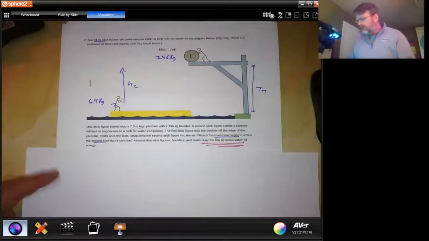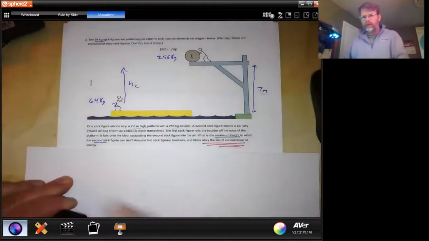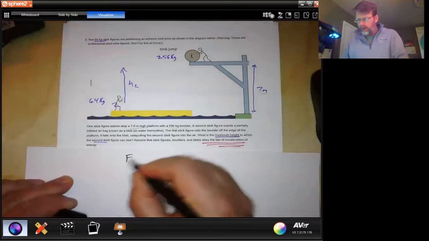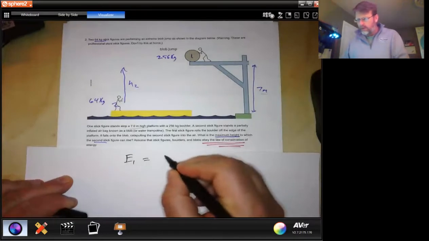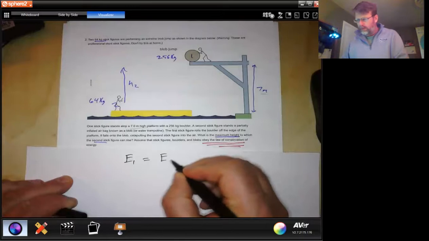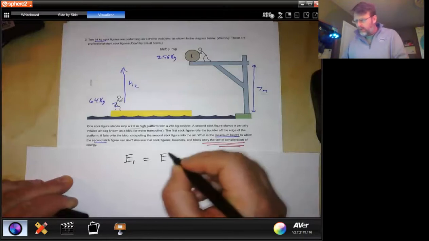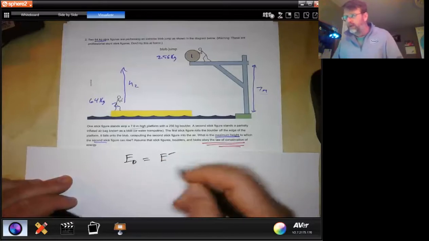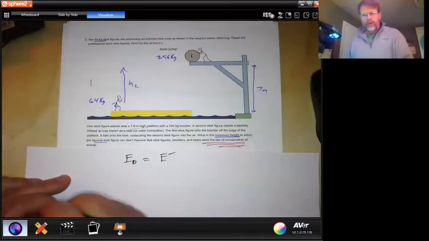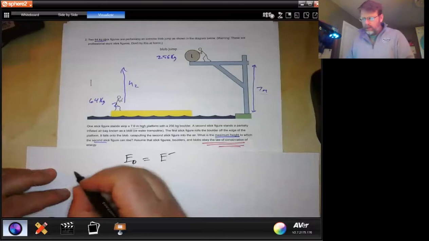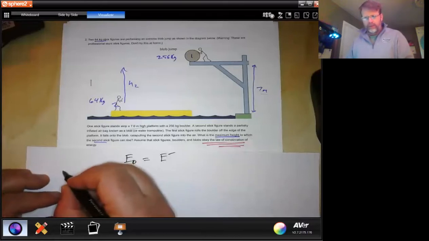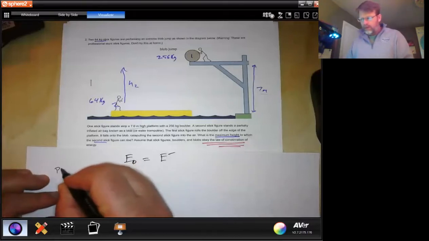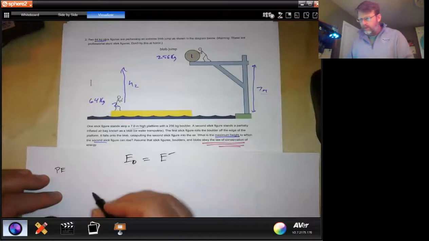Okay. So these are all going to start off the same. We're going to have the energy initial equals the energy final. In fact, I'm going to start using this for final. You could use that for initial, or you could just leave it blank. Okay, so that means that my potential energy is going to be the same for the entire one.